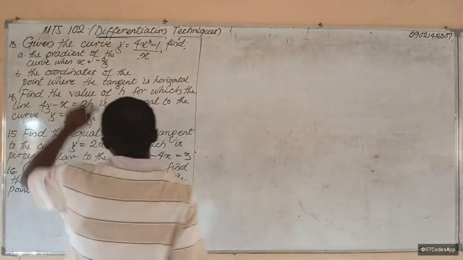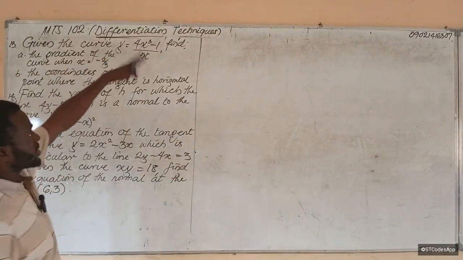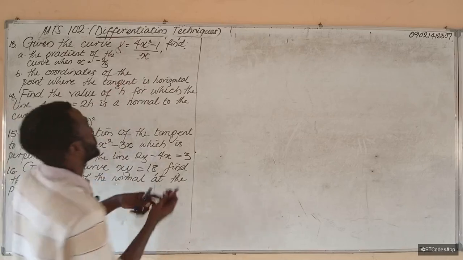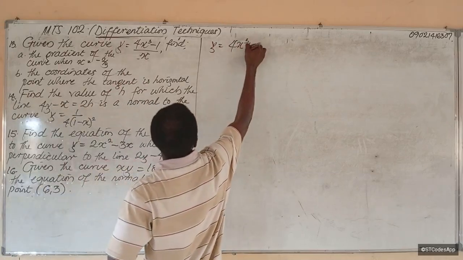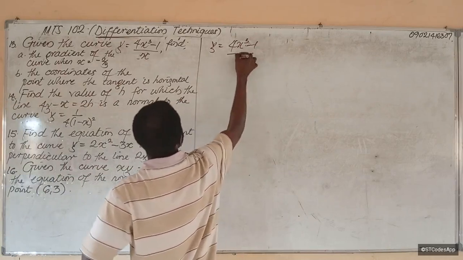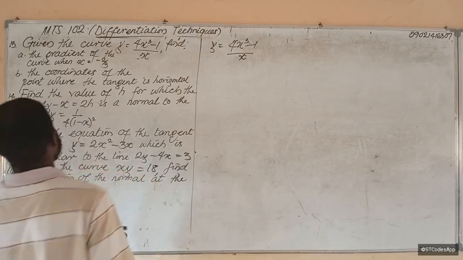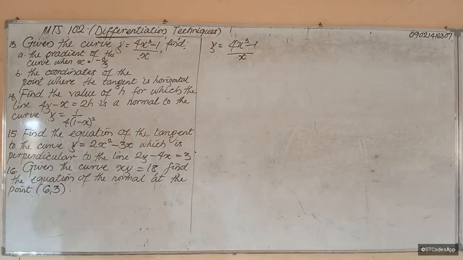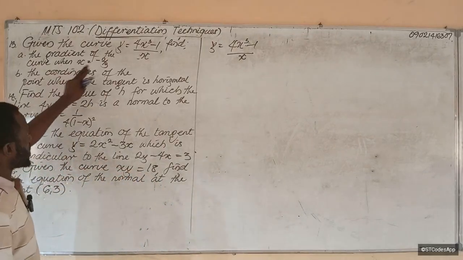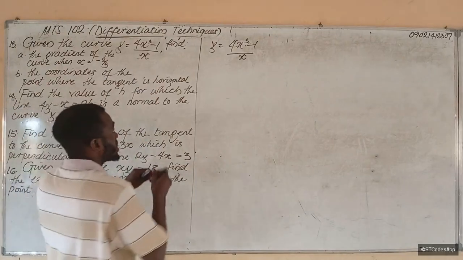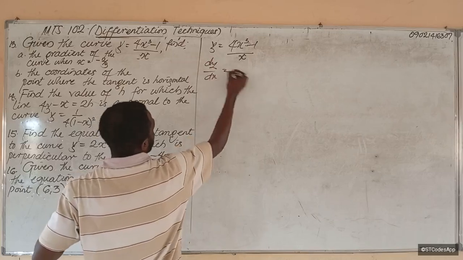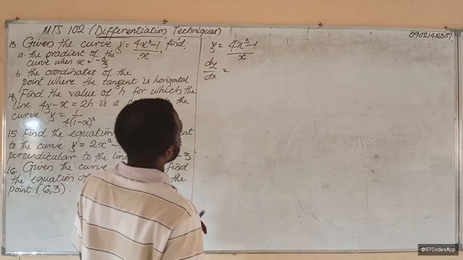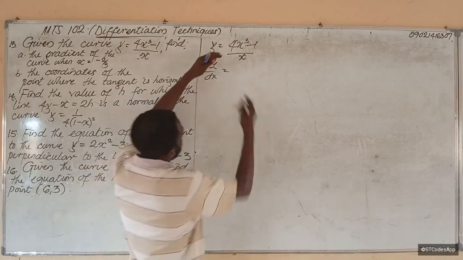So here, given this curve, given by the equation y equals 4x cubed minus 1 over x, find the gradient of that curve when x equals this. So let's first find the gradient, that's dy/dx. One thing I will do is divide through first by this x.